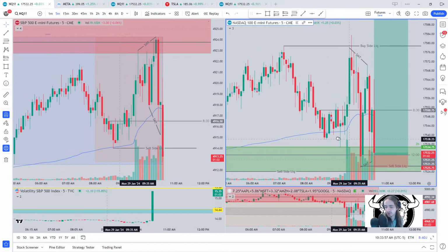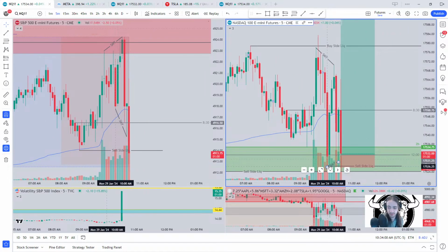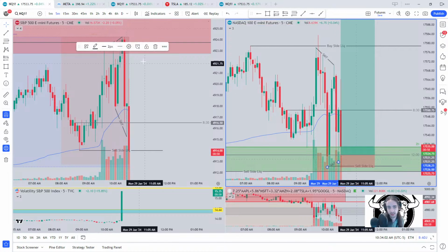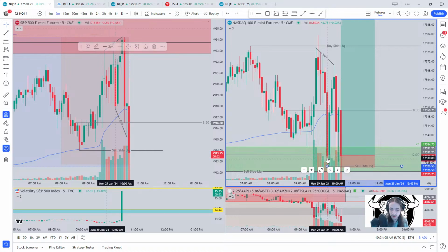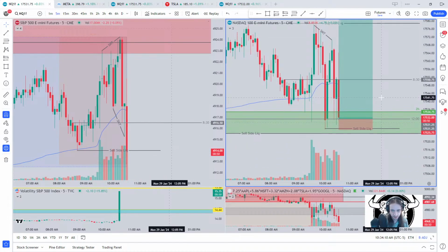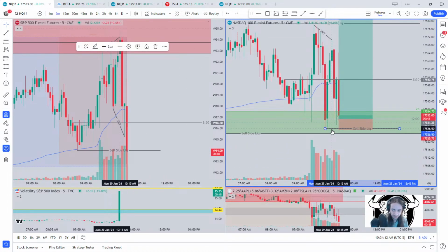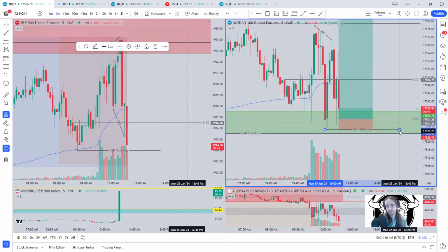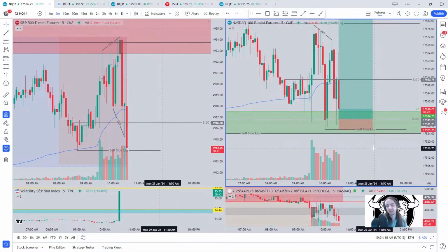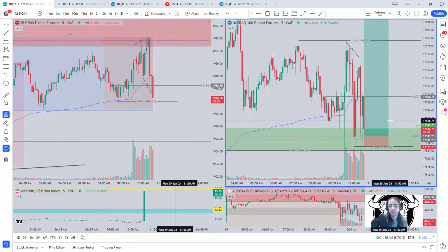Does ICT move his stops or does he have multiple take profits? Because I'm more of a fan of having multiple take profits, not moving stops. No, no, no, not trailing stops. Gotcha. Yeah, okay, that makes sense.